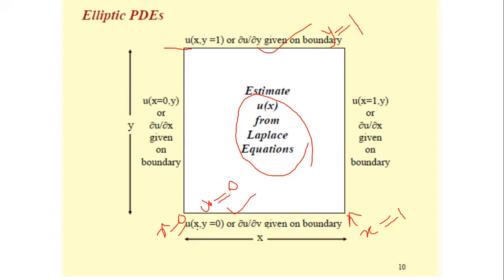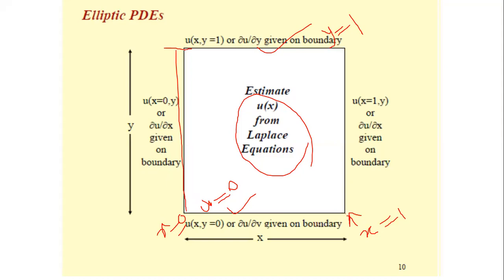So if the functional value u is given along the edge y equal to 0, and the functional value u is given along the edge x equal to 1, where the x value is always 1 and the y value goes from 0 to 1. And if it is also given along this edge, where the y value is always 1 and the x value goes from 0 to 1. And along this edge, the x value is always 0, and the y value goes from 0 to 1.